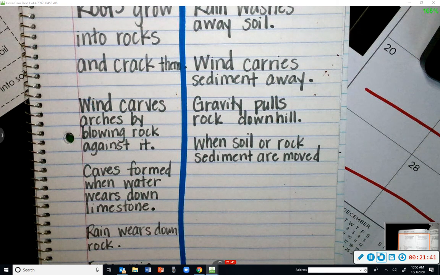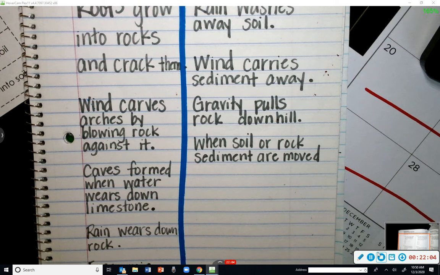Liquids move rock to a new location. Okay, good. What else, Allie? The ocean travels rocks place to place. Okay, good. So the ocean moves rocks from place to place. It can move rock at the bottom of the ocean, move it to the shore, move sand to the shore to form a beach.